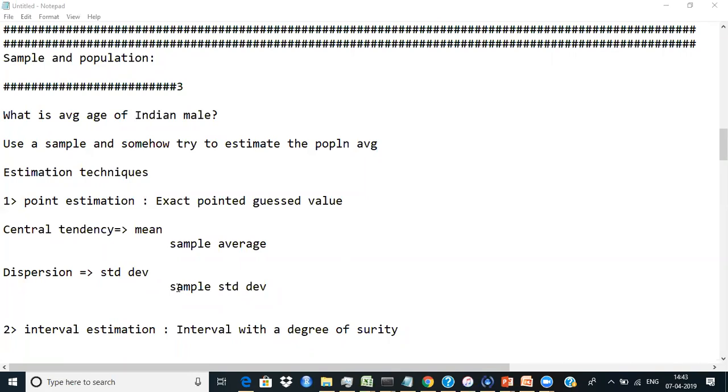It will not be 1 by n. If you just take 1 by n, it will not mathematically converge to the population standard deviation. It will only converge if you take 1 by n minus 1. So you will reduce the error.